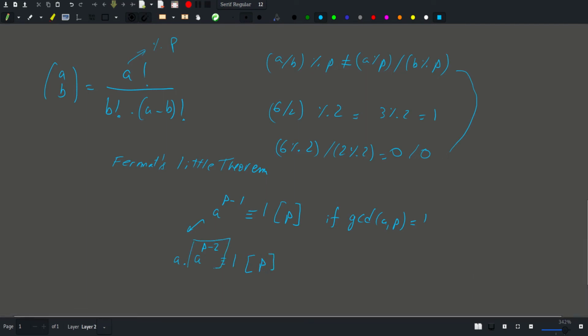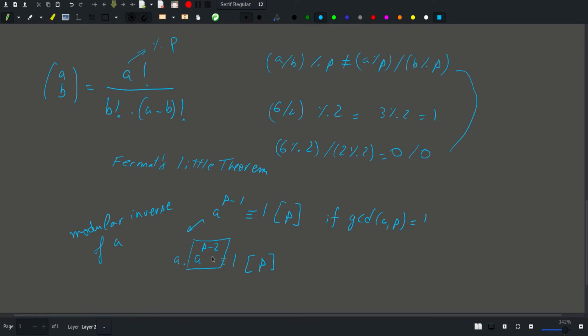And from this formula we can deduce that A raised to the P minus 2 is the modular inverse of A, which means that if we multiply A by A raised to the P minus 2, we will just get 1. And I'm not going to be very rigorous in what I'm going to do next, but just take my word for it.